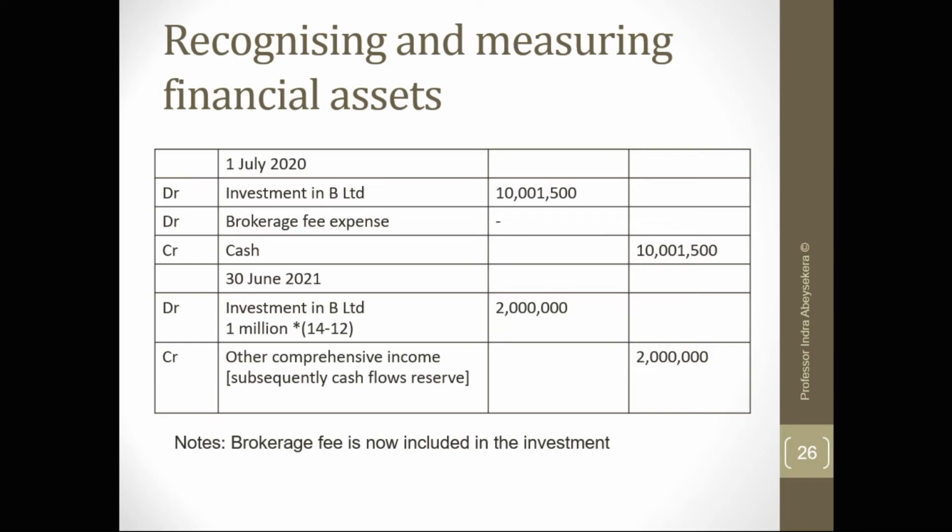The reason for that is that it's held for cash flow purposes, although it will be traded at a specific date. And the increase in investment in the subsequent period is recorded against the other comprehensive income, which will be subsequently transferred to the cash flows reserve on the balance sheet.